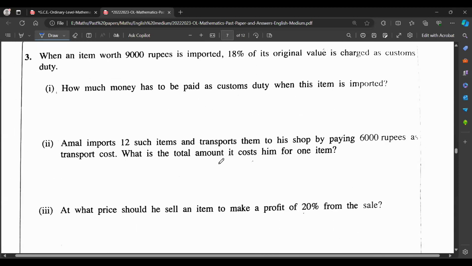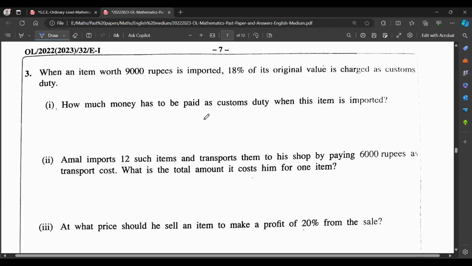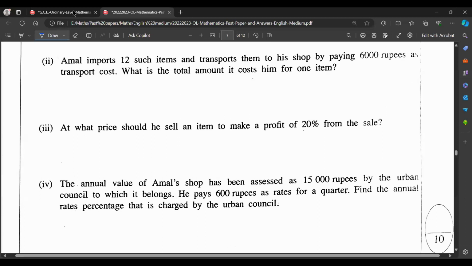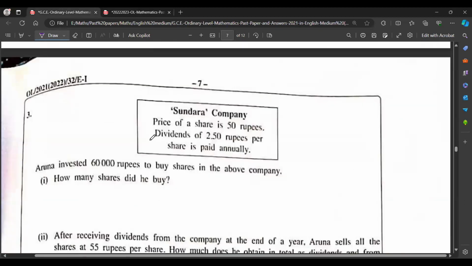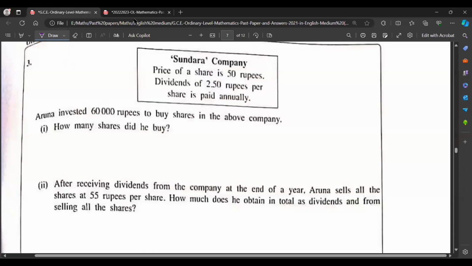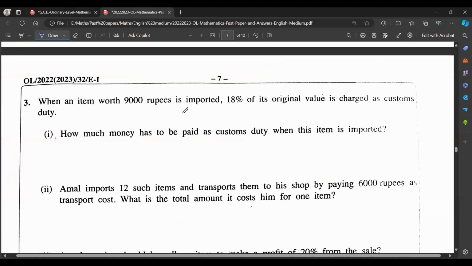And normally last year they asked you with the custom duty or something like that. Before that one they asked about the share market. I believe this year also they will ask from the share market.